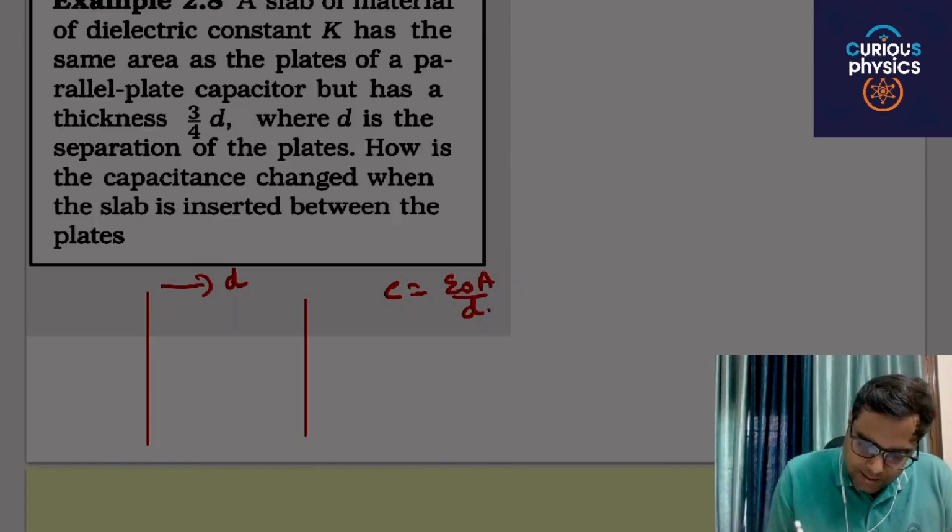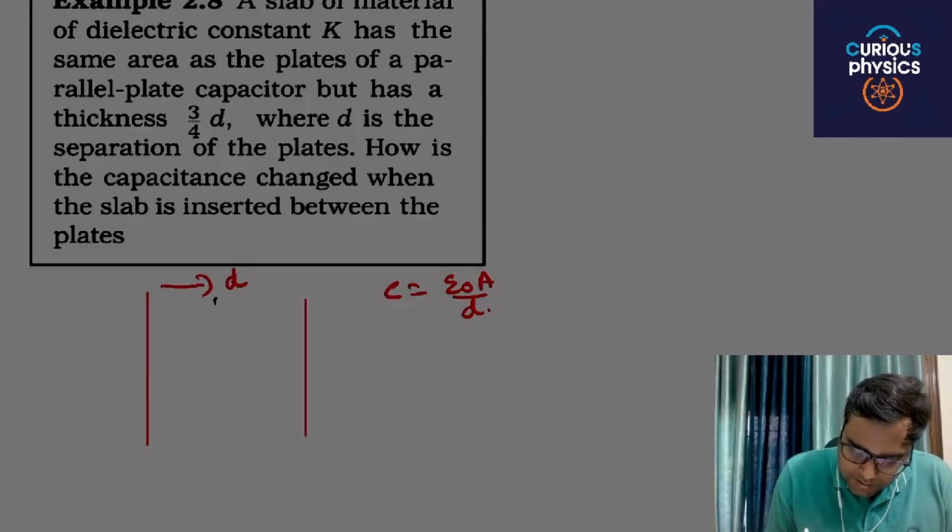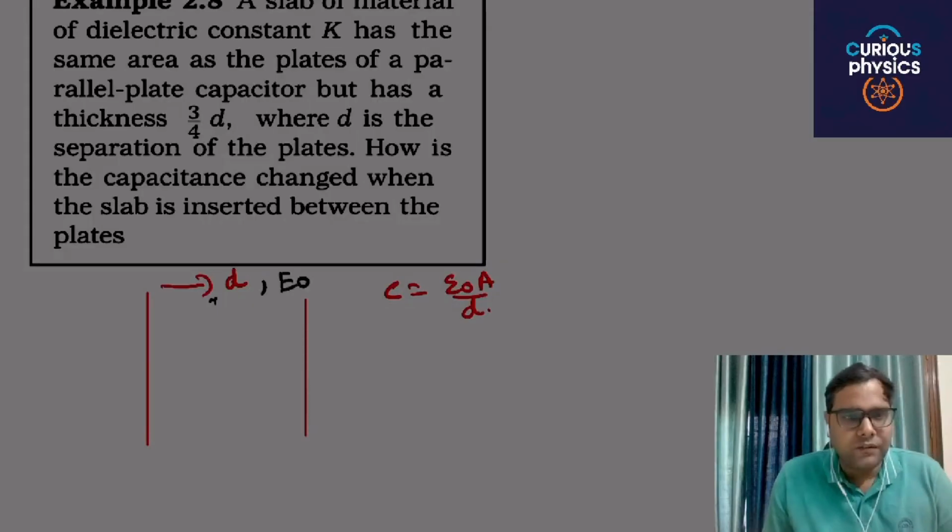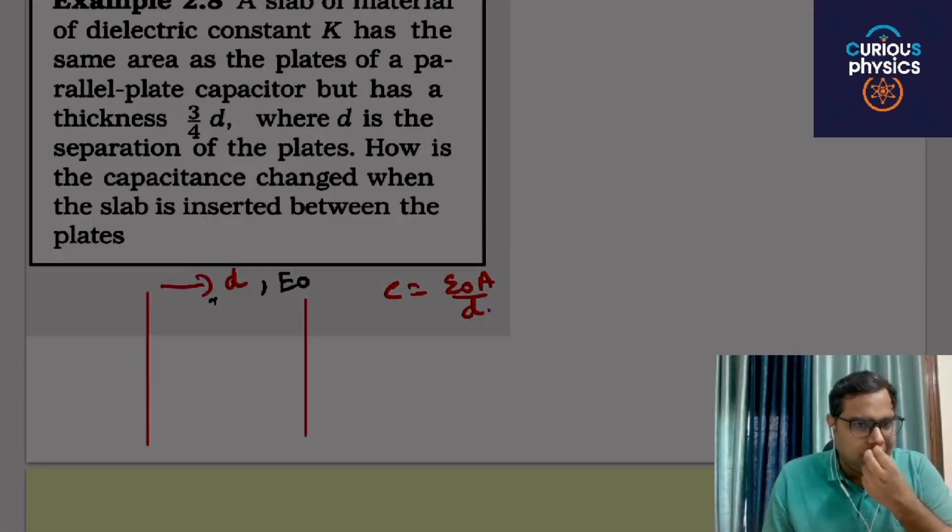Let's say E naught is the initial electric field, which is sigma by epsilon naught. We know that.